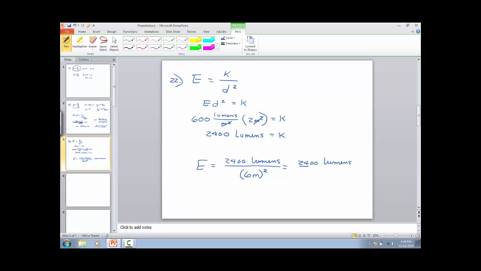I see my handwriting isn't any better on this than it is in real life. And then we end up with 36 meters squared. So that should give us, after you do the math, 66.67, and that would be lumens per meter squared, or they referred to that as lux, didn't they?